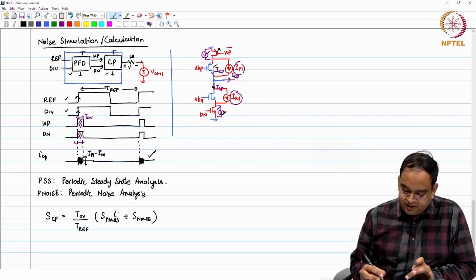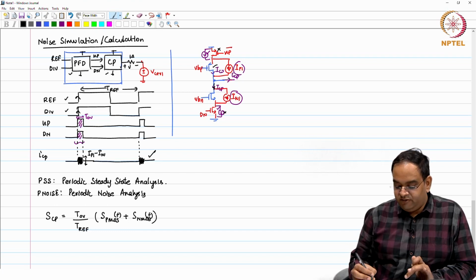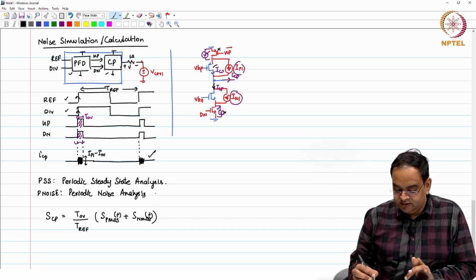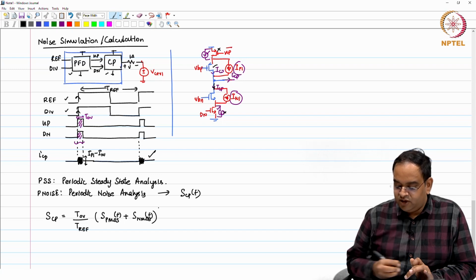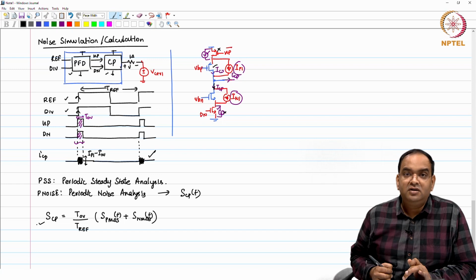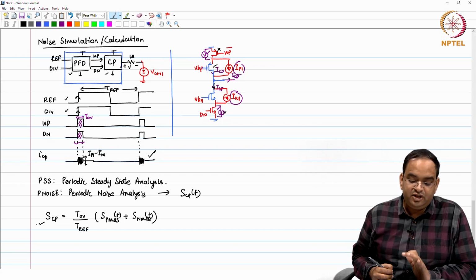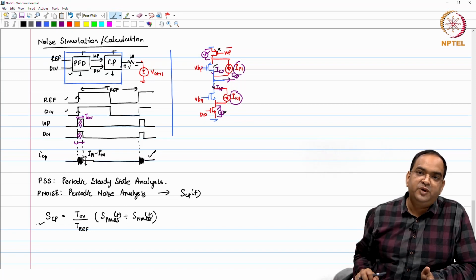Whatever is the noise spectral density of PMOS and NMOS, that will come. So, you can verify your simulations after doing PSS and PNOISE, which give us ICP noise, or charge pump noise, with your mathematical calculation. That is going to give you PFD plus charge pump noise.